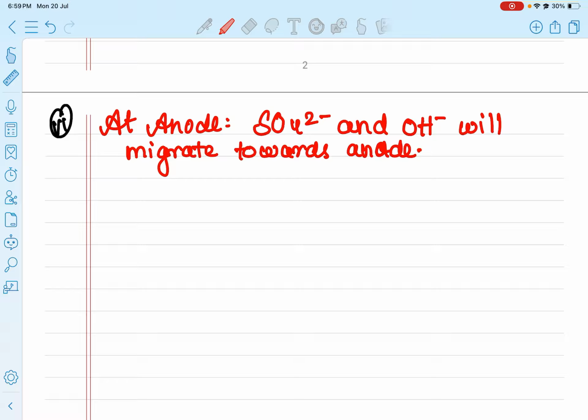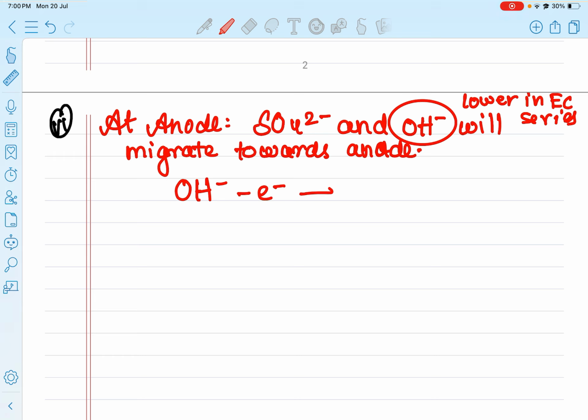तो ये भी क्वेश्चन आता है कि who will get preferentially discharged? OH minus will be the one, because it is lower in the electrochemical series. Preferential discharge I had taught in the previous lecture. So OH minus जो है वो तो एक anion है, but हमारे anode को इलेक्ट्रॉन चाहिए, right? So I will make the OH minus lose one electron and it will become OH.